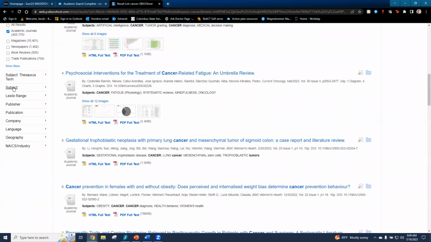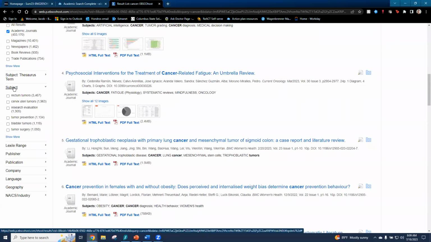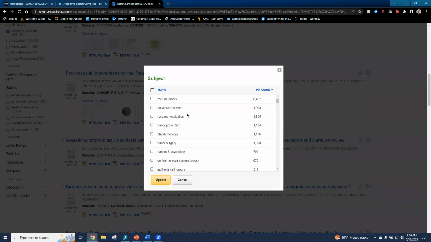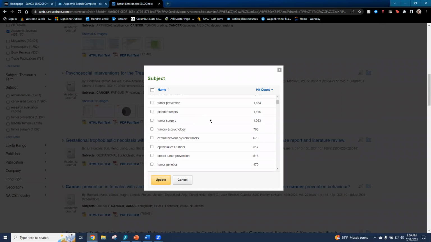And I can also go down here to subject. If I hit subject and then show more, this is going to show me a lot of different keywords that these sources talk about. So maybe I am interested in tumors affecting the central nervous system. I can click this.